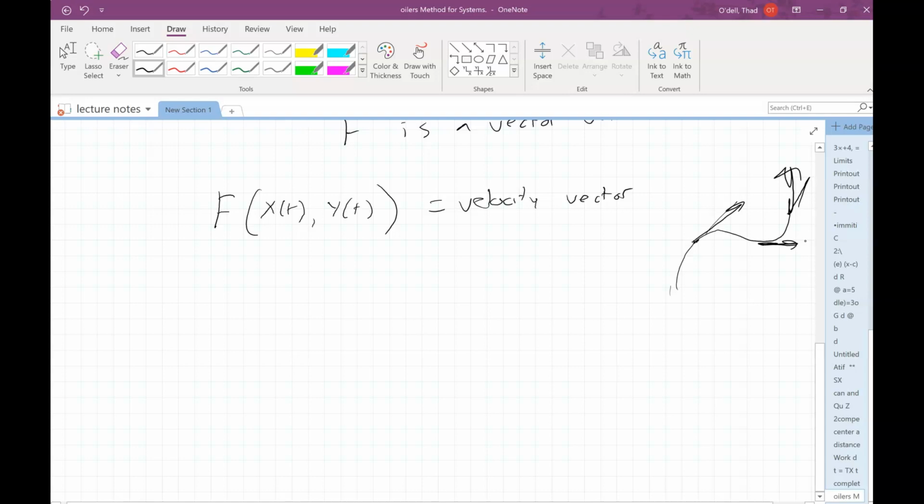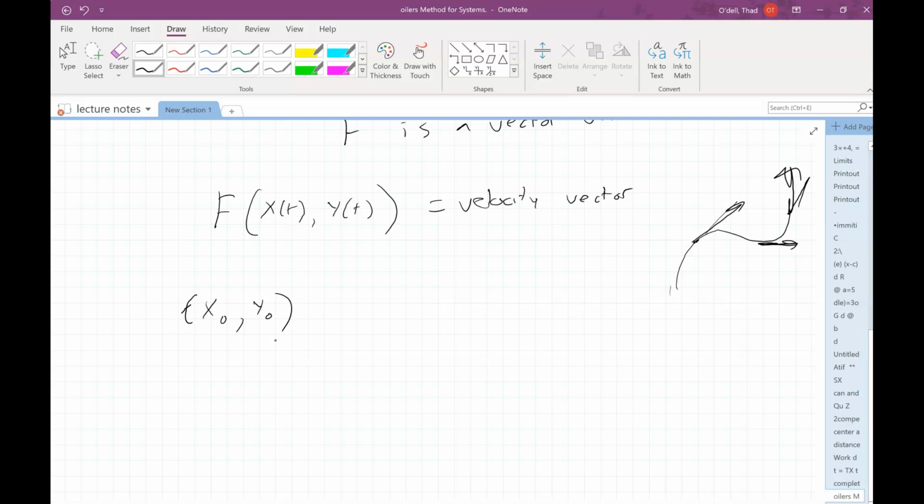So let's say we start at the initial point, initial x and initial y, right? And basically what we're going to do is use these initial points and the velocity vector to get a new point.